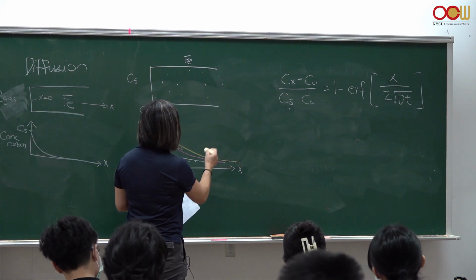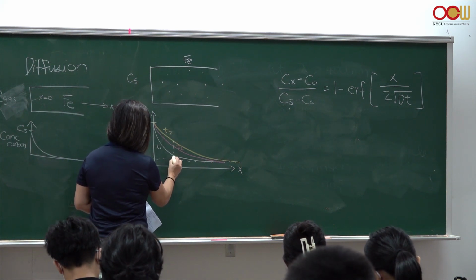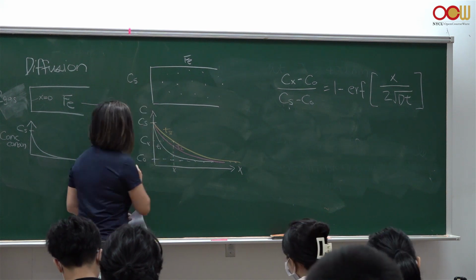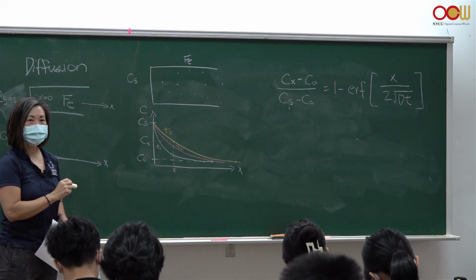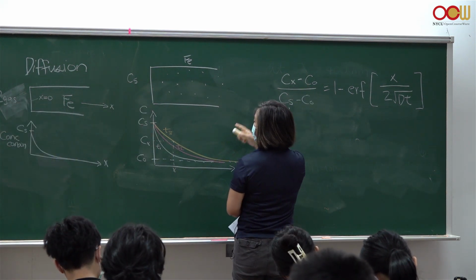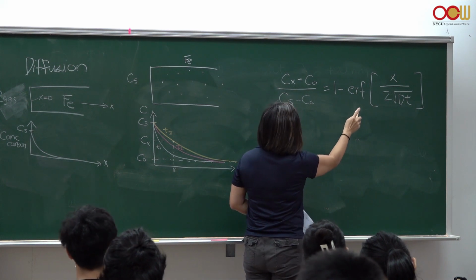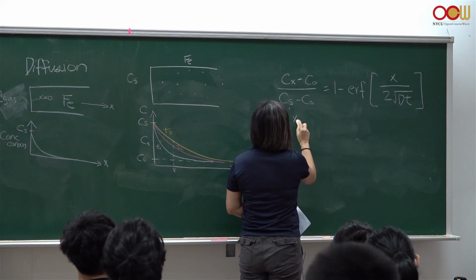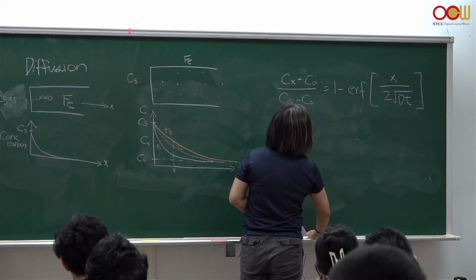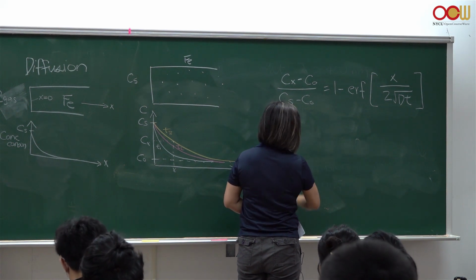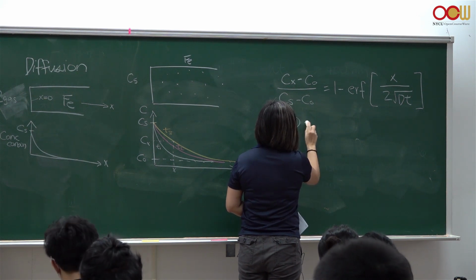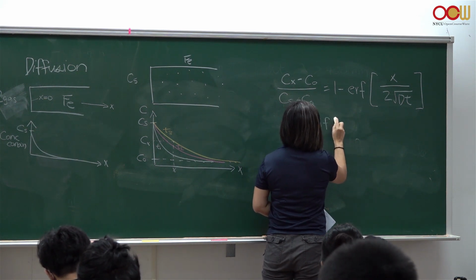So Cx is at some distance what your concentration will be. C0 is your initial concentration. Cs is your surface concentration. X is distance. We already wrote that down. The only thing you don't know here is D, and that's a diffusion coefficient.